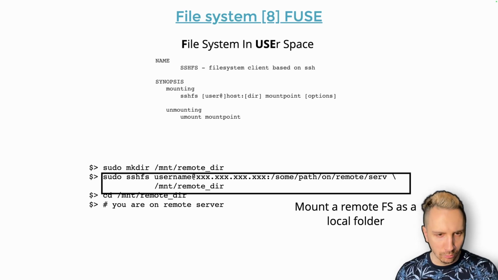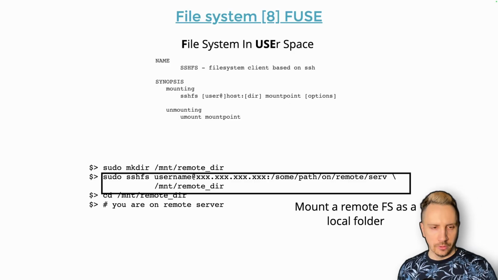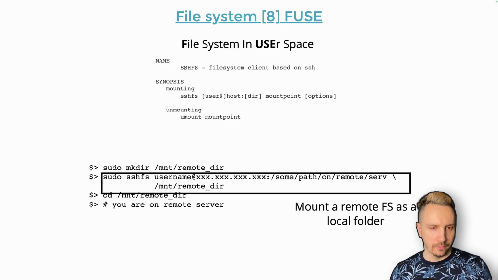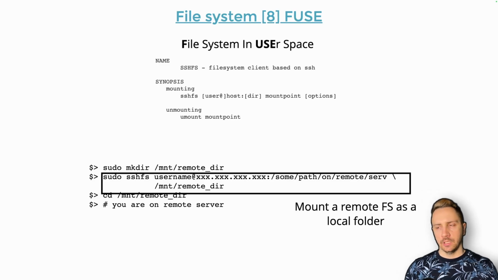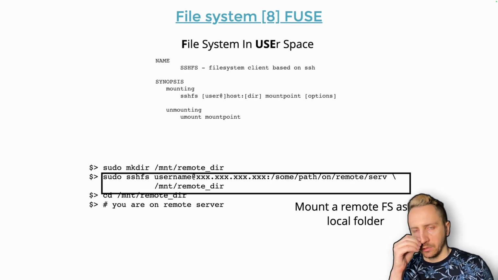This is called SSHFS. So if you have SSH access to any server, then via SSHFS you can mount remote folders on that server to your local computer and then use any sort of local software that works with local files.